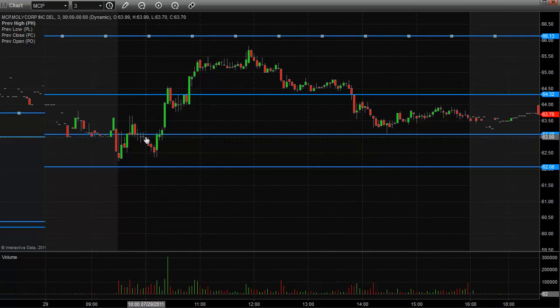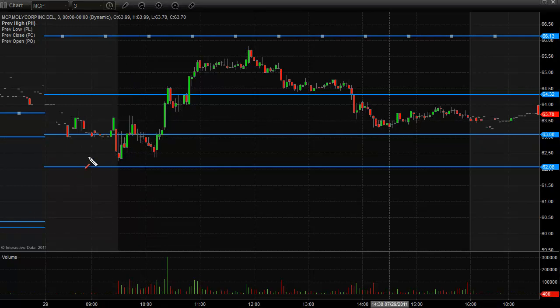And as it came up, you can see that it met resistance right here and right here. And then we almost tested yesterday's high here. And notice on the way back down, those areas reversed roles and provided support in this area and in this area. So these areas play an important role during the intraday movement of a stock.